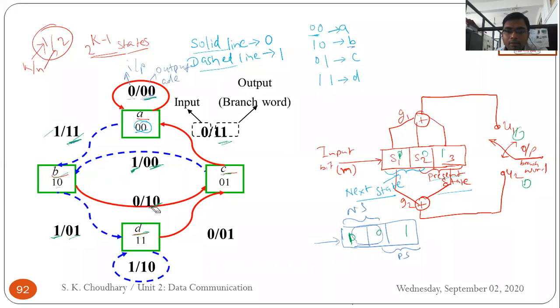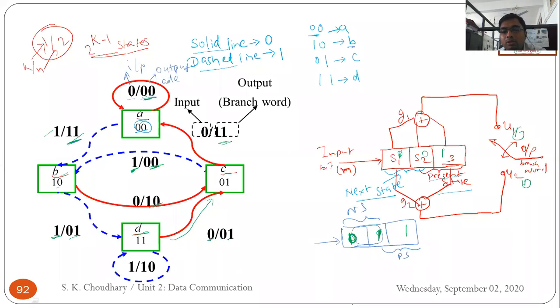Okay. Now we have to come to the last case, when we are at the 11 stage, means D, and your input is 0. At that moment your next state is 01, means you have to enter from D to C when you are receiving the input as a 0.